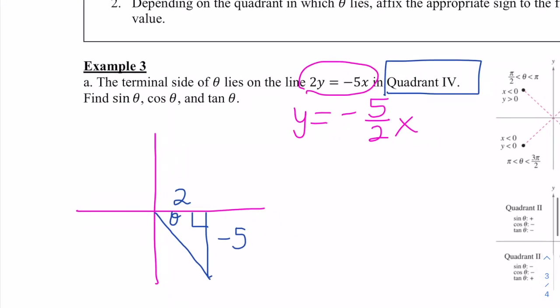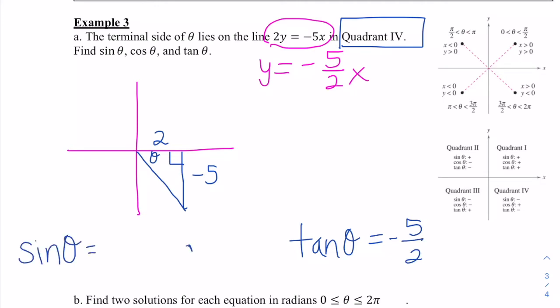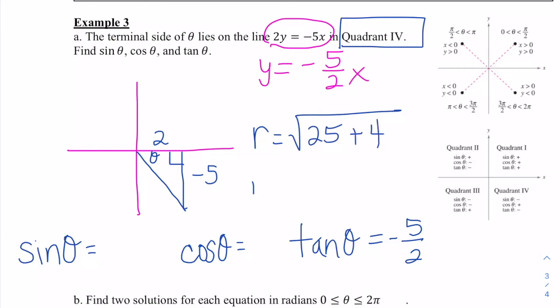So we can see that really quickly. I'm going to list these over here. So tangent of theta is just negative 5 over 2. Well, if we want to find the sine and the cosine, the only thing we're missing is the radius. So the radius, again, would be the square root of 25 plus 4. So that's just going to be square root of 29.